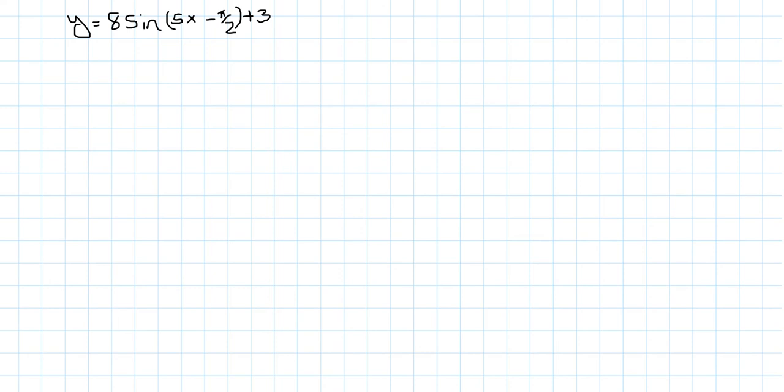At first I have y equals 8 sine x. Okay, I know what sine x is, yes? Only need to scale it by the amplitude. So my amplitude is 8.